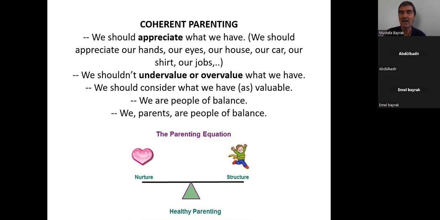So we should be thankful and grateful. We shouldn't undervalue or overvalue what we have. We should consider what we have as valuable. We are people of balance. We parents are people of balance. The parenting equation: nurture and structure.